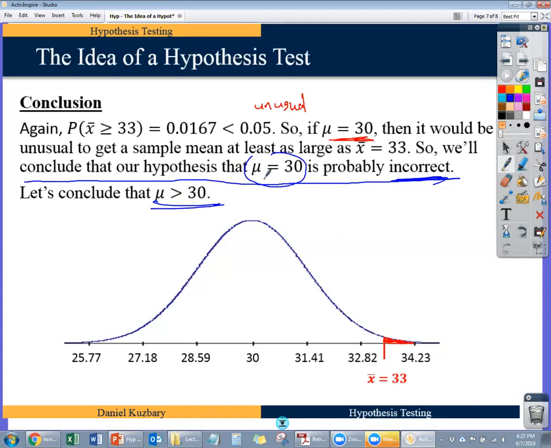Or we would disprove it and say, okay, according to my evidence, this is so much bigger than 30, given all my data and the probability, that my true mean is probably bigger than 30. So that's the whole idea of a hypothesis test: to either say this could be fine, or to say this is wrong and say something like this instead. It's bigger than 30. I can't say anything more specific than that.